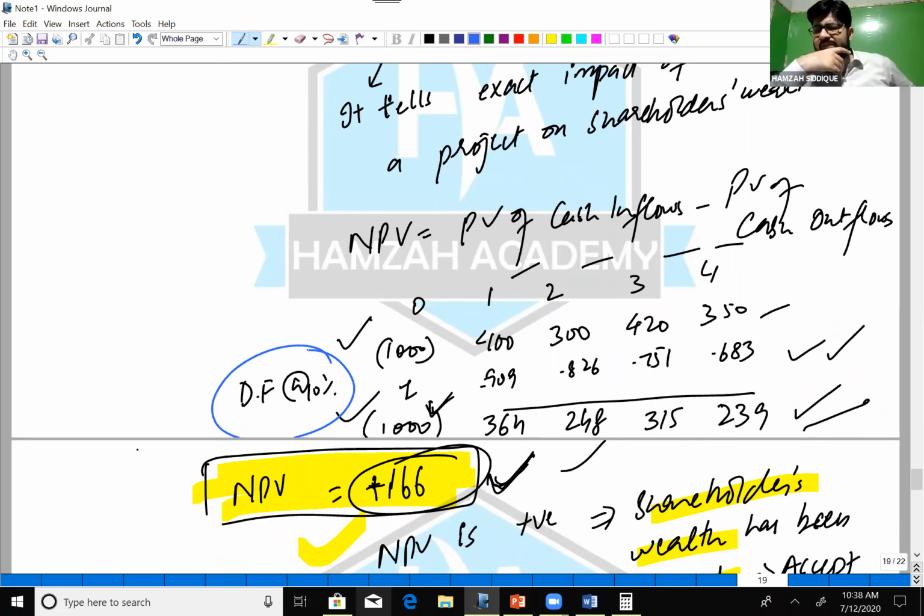We are deducting the cost of capital, incorporating the time value of money, the opportunity cost of funds.